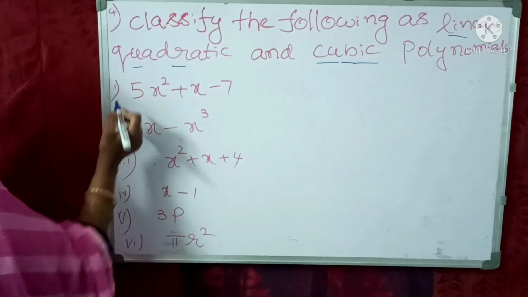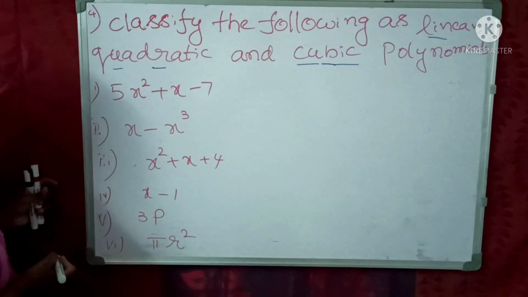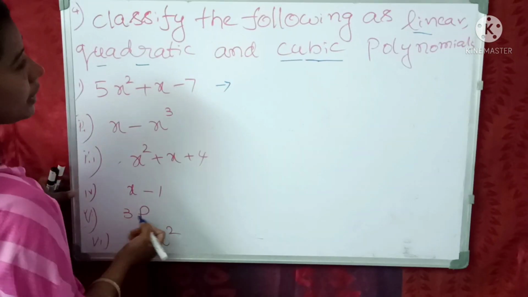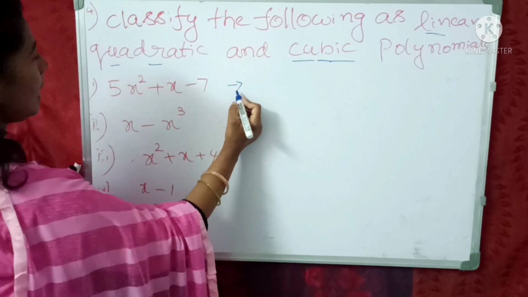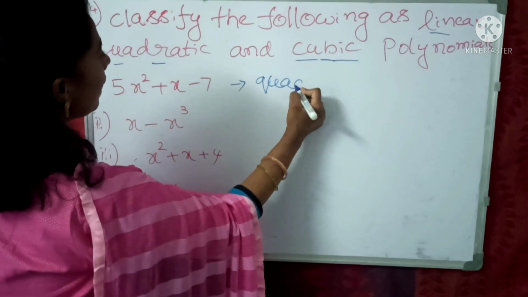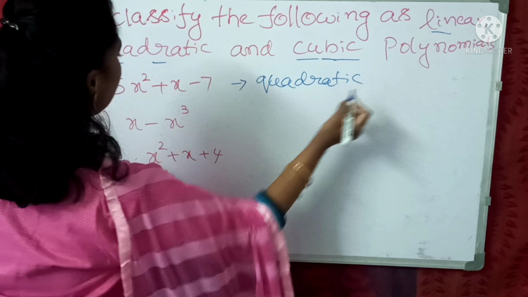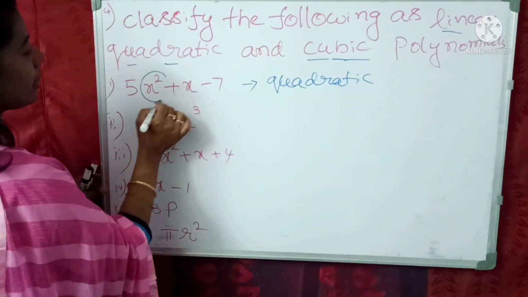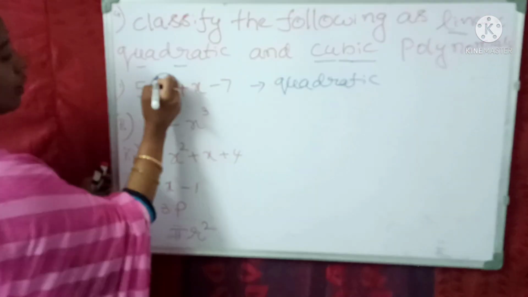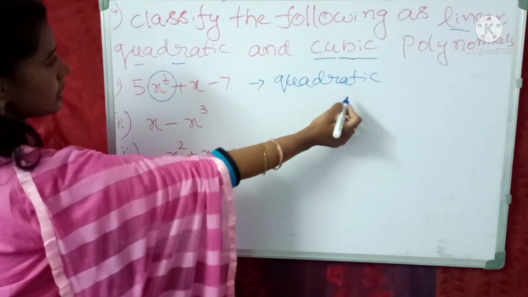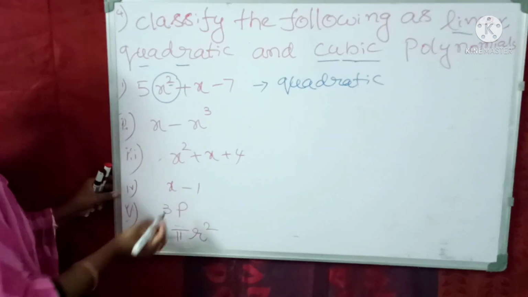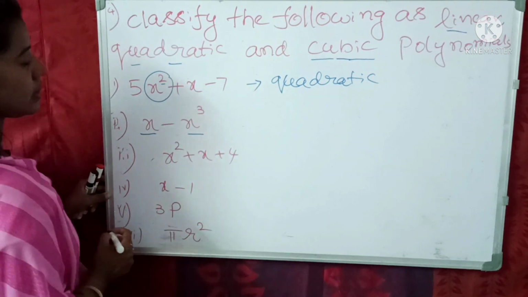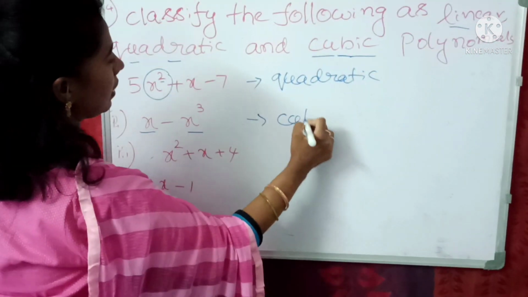Okay. So the first one, 5x square plus x minus 7. Is this linear, quadratic or cubic? This is a quadratic polynomial. Why? Because in this polynomial the highest power is 2, or the degree of the polynomial is 2. So it is called a quadratic polynomial. And the second one is x minus x cube. This is a cubic polynomial. Why?